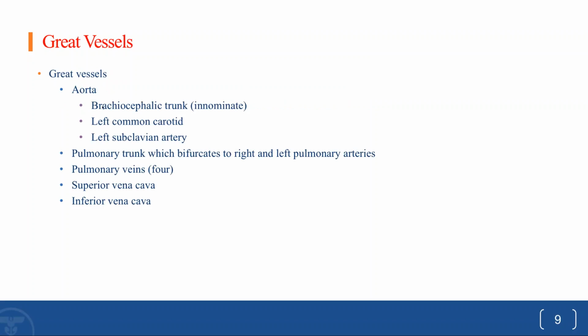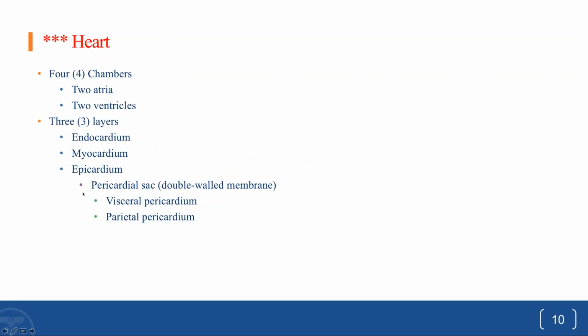So you do have what they call your great vessels, and sometimes these will have a modifier. It will say something like LC for the left common carotid. Then you have your pulmonary trunk, which pushes everything out to the pulmonary arteries. And then you have your superior and inferior vena cava.